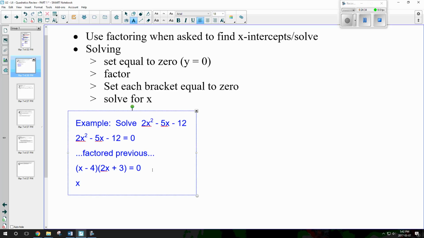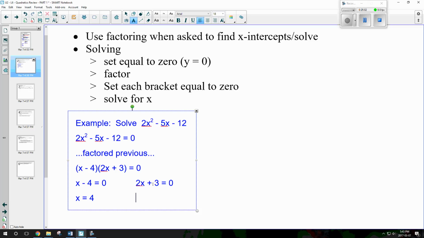And then we take each of our brackets and set them equal to 0. So we get the bracket x minus 4 equal to 0. And we also get the bracket 2x plus 3 equal to 0. And then we just need to solve for x in both cases. So on our first one here, we take our -4, bring it to the other side of the equation, so it becomes positive. So our first answer is that x is equal to 4.